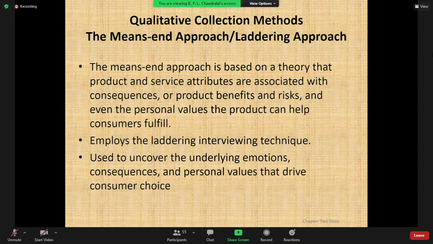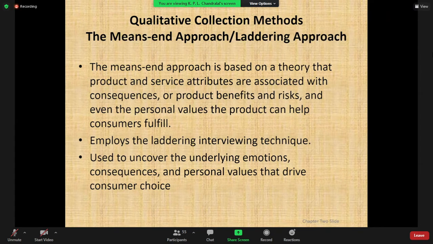But eventually, even if that person doesn't know, at the end of the interview he comes to know, oh my God, I have purchased this due to this value, not due to that feature. So that is why we call it means and end. You start with the means, apparently why you purchased, but eventually why you really purchased: the end.